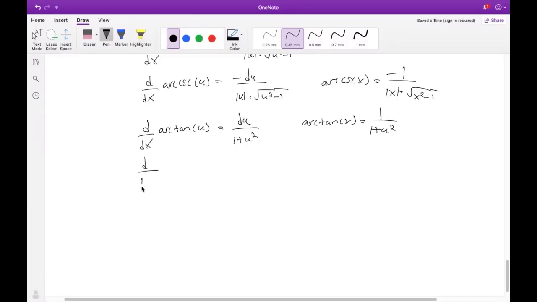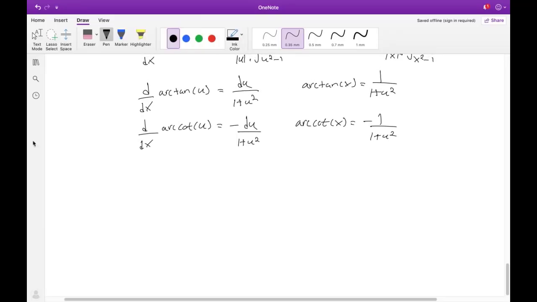And then same thing again for arc cotangent, except we have a negative in the front. Okay, so that's all of them. And now we can do an example problem with these.